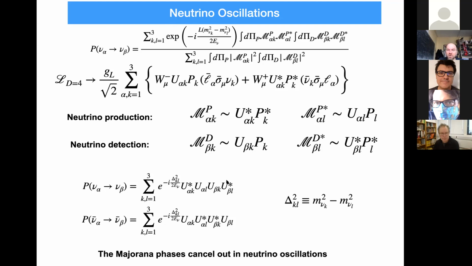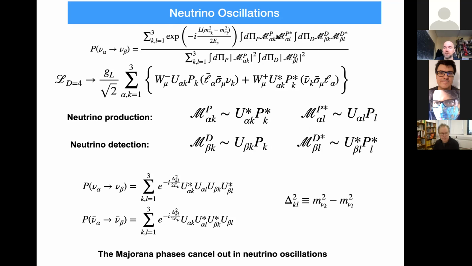But what is interesting here is that because of the way we were putting these various factors, the Majorana phases in this process have cancelled out. They are no more here in this formula because they were cancelling out between the production and detection.